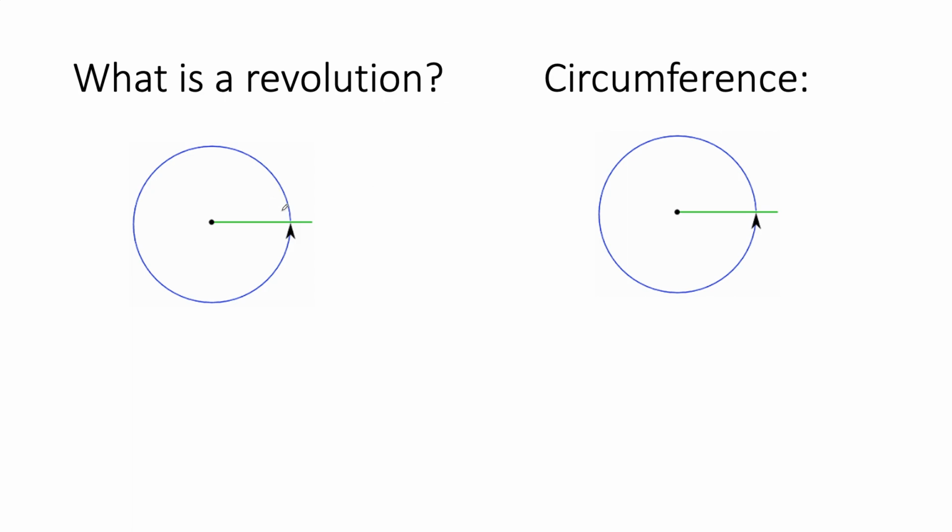What is a revolution? A revolution is one trip around a circle, one turn of a wheel.